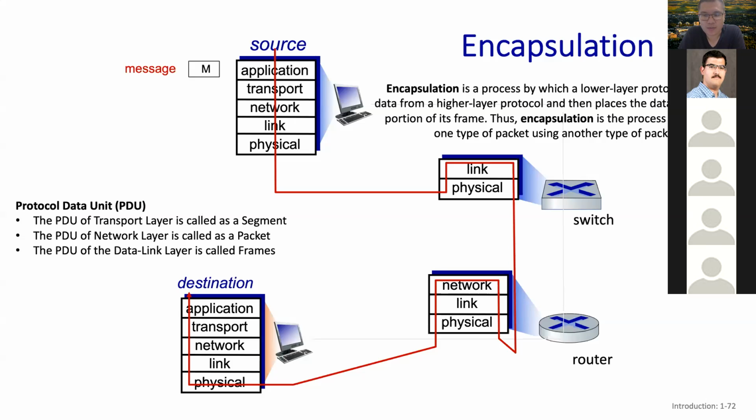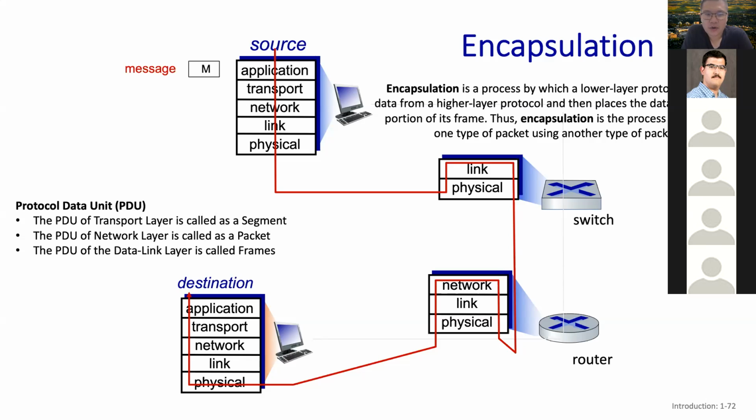When you go from the top layer to the lower layers, you have to encapsulate each message. From the application layer, you encapsulate one message and send it to the next layer, then to the next link switch, and to the destination.